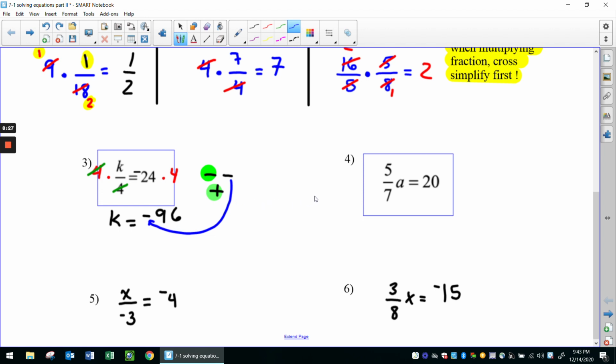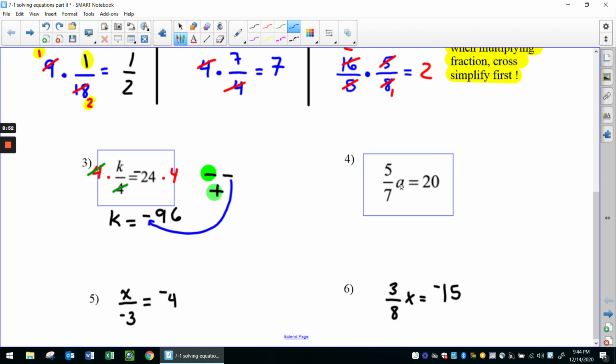All right, so let's go look at number 4. Actually, let me do number 4 with you as well, and then we'll have you guys do 5 and 6 on your own. So number 4, well, the first thing you want to think about is, how do I get this 5 over 7 to turn into 1?